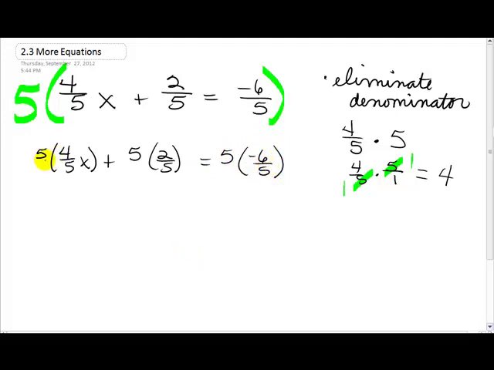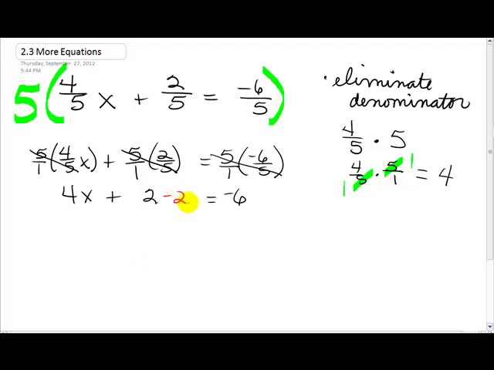Remember, this 5 is over 1, so top and bottom, those are the same. They cancel. Left with the 2. Top and bottom again, over 1, cancel. I'm left with negative 6 over 1, which is negative 6.